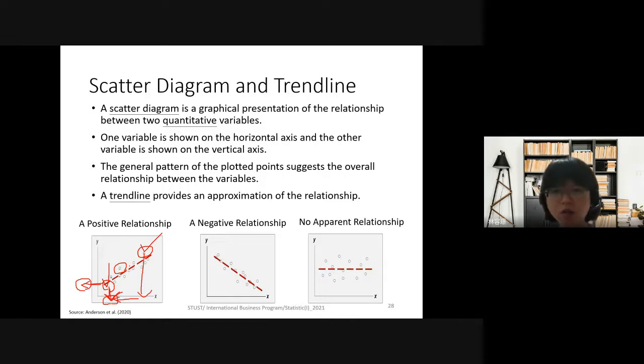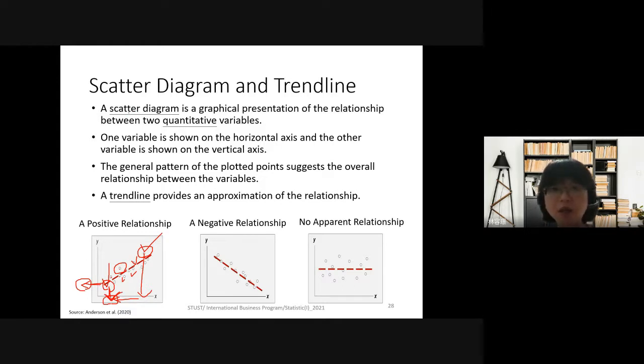So people may have different data, and on such figures the data can be expressed by dots, and through the dots we can find the trend.